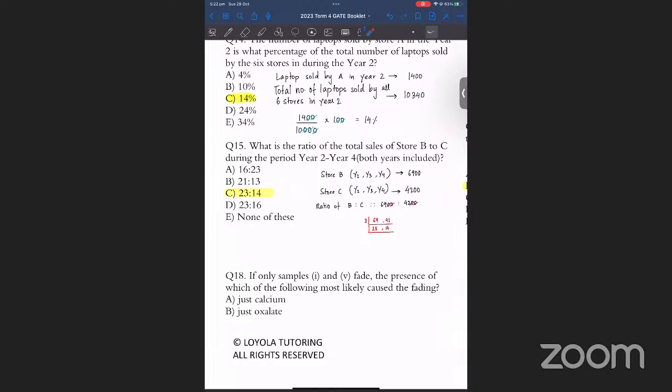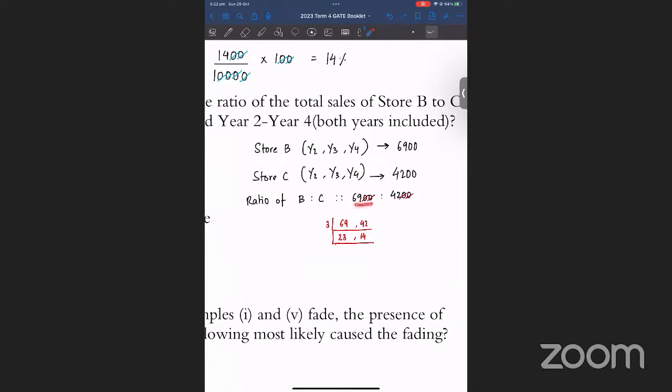So do you not know where we got 6,900 from? No, I know where we got that one from. And then do you know where we got this from? Yes. And basically what we did here is that the question's asking what is the ratio between them two. So you just put them next to each other, 6,900 to 4,200, and then you simplify.